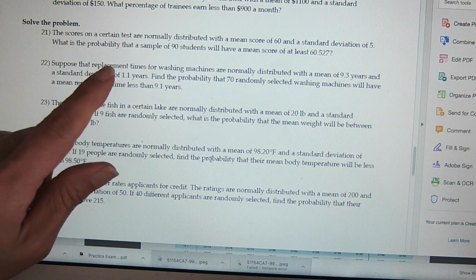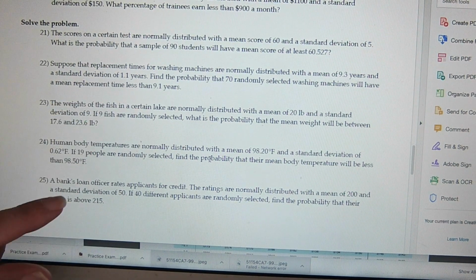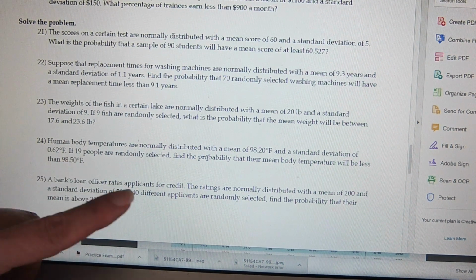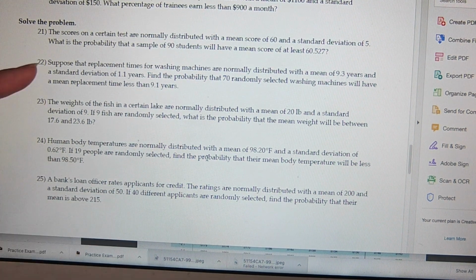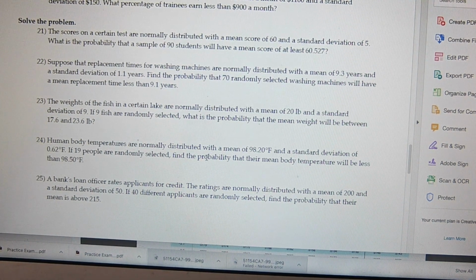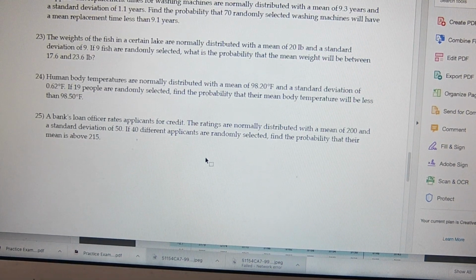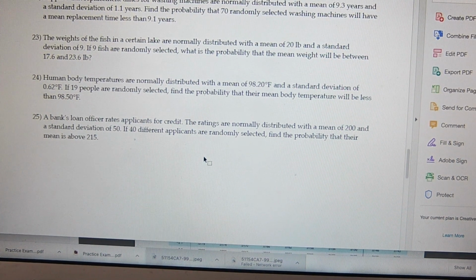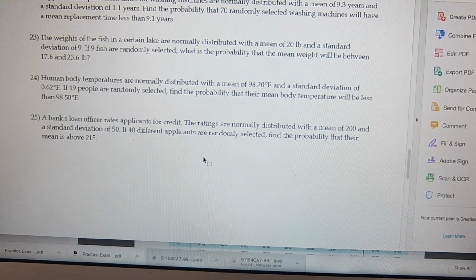Everybody okay here? Did you see the sample size here? In all the questions the sample size changes, here's another sample size. You have to be careful when you type in the normal CDF. Any questions so far? Are you guys okay here? Hopefully. So far so good, right?